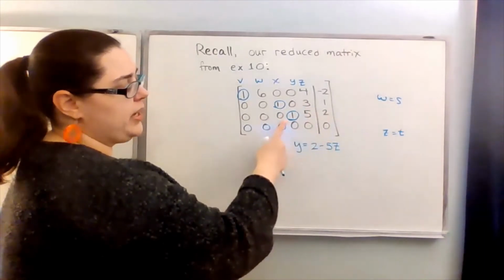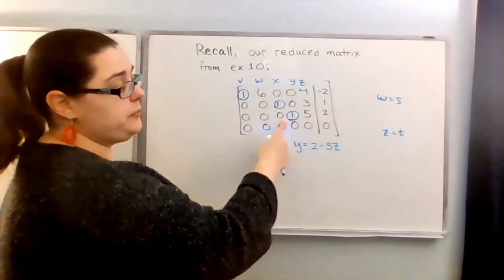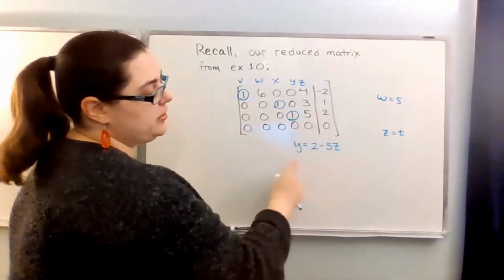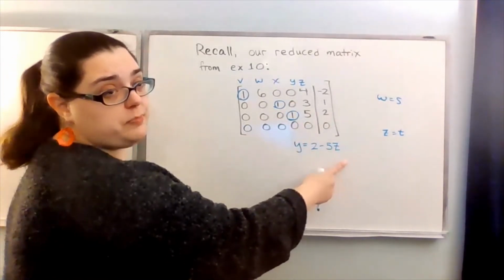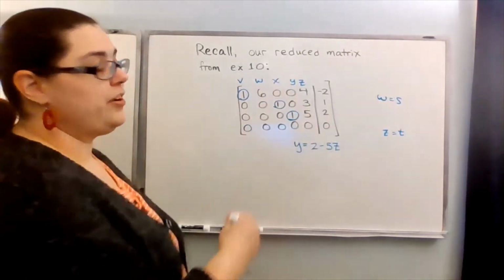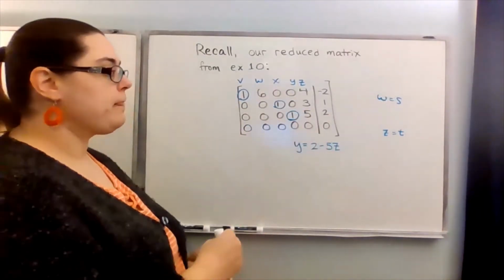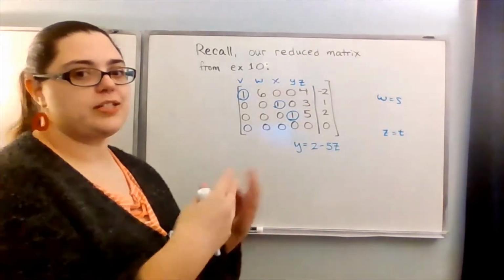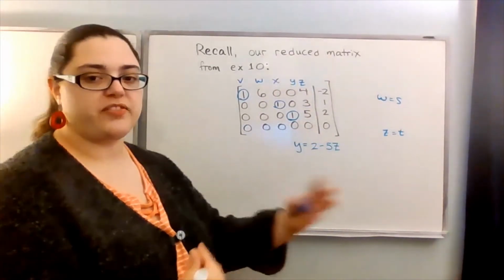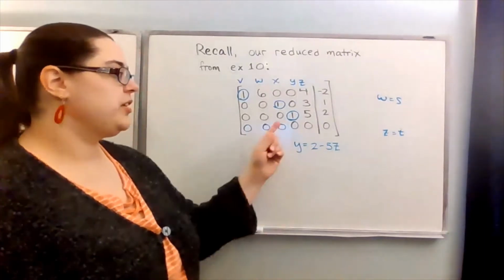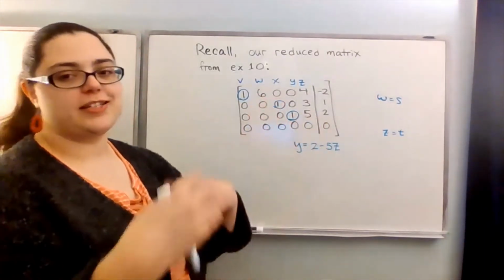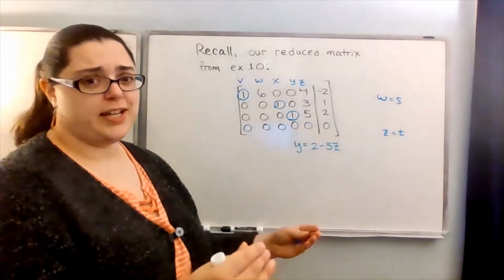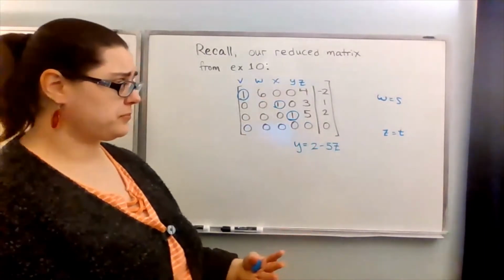So because we had a 1 here as our leading entry, and that's our pivot position, we were able to easily define it in terms of something else. We don't have a pivot position for Z. So we don't have this natural way of finding a definition for Z in terms of other variables. We could certainly use this equation or this one up here to get Z in terms of either Y or X, but that's not the easiest route to take, and it's not the most intuitive.